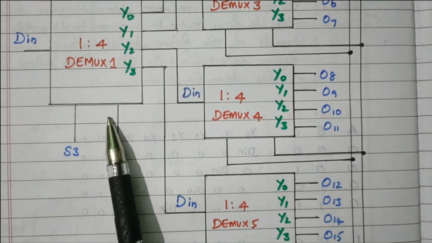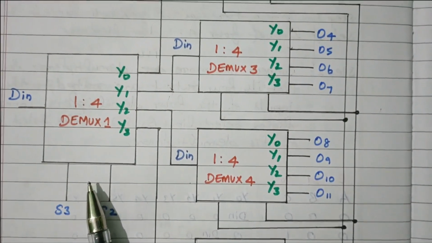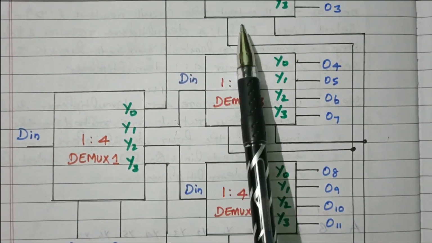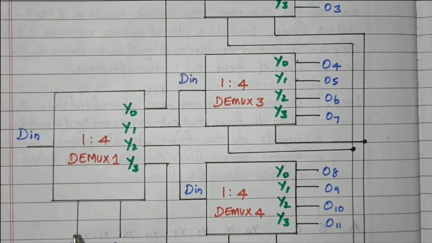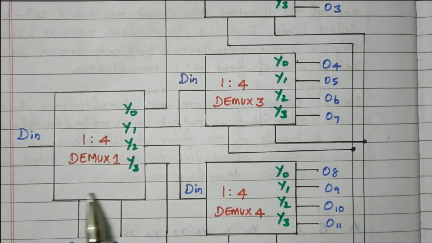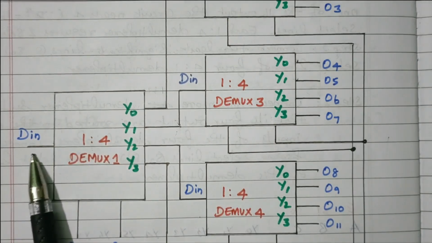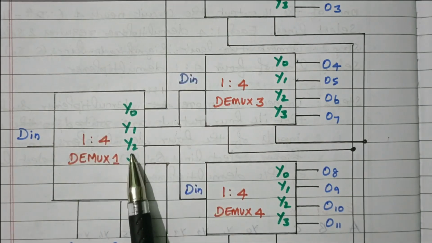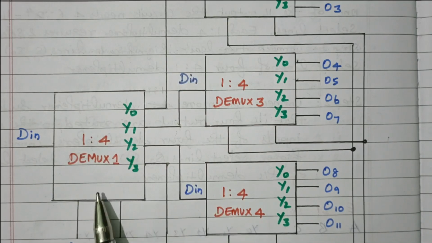So this dmux will route the available input to one of these 4 dmux. 0 0 means first one, 0 1 second, 1 0 third, 1 1 fourth. Right. So these 4 dmux are controlled by this one more dmux with one data input. This data will be given to any one of these dmux based on the selection lines.